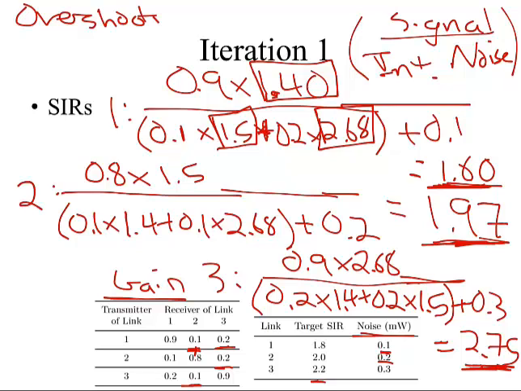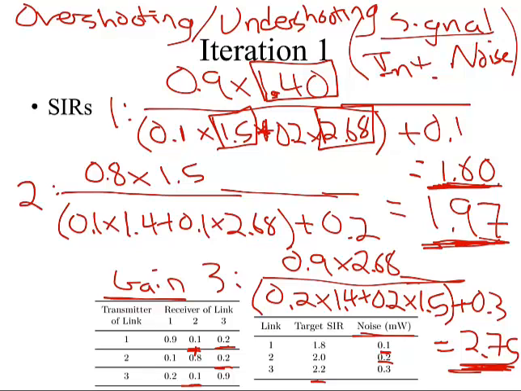So right now, we overshot the value for link 3, but we are undershooting for links 1 and 2. And that pattern of overshooting, undershooting, and then switching between the two throughout iterations will likely keep going on until we converge on power levels. So we go too high, and then we go too low, and then go too high and too low, and so on.